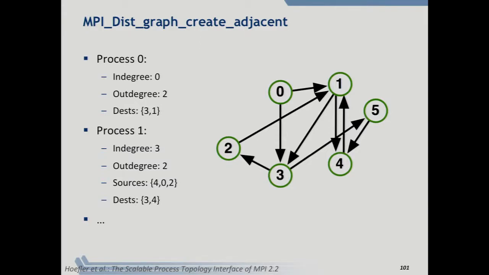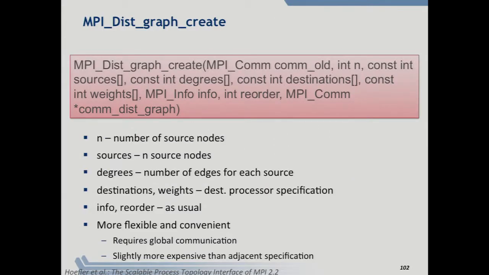So the function name is MPI_Dist_graph_create_adjacent because each process specifies its neighbors. There is a second way of doing it, which is more general, and it is called MPI_Dist_graph_create, and here it is general in the sense that any process can specify any part of the graph as long as together they specify the whole graph.